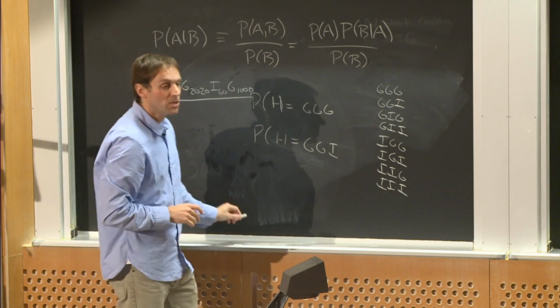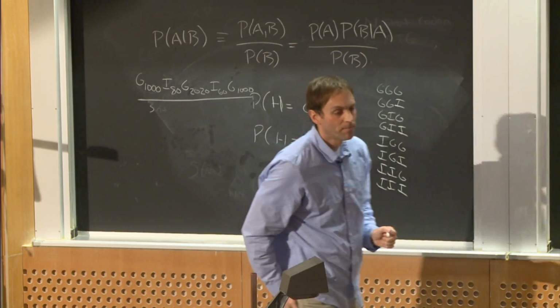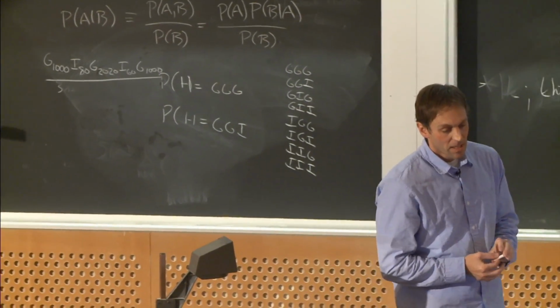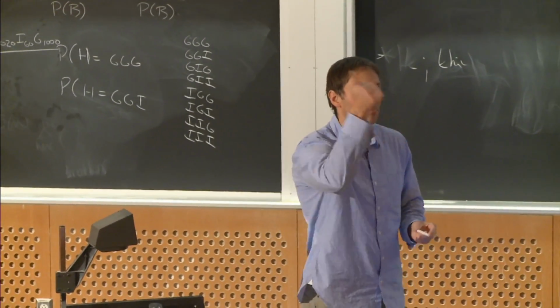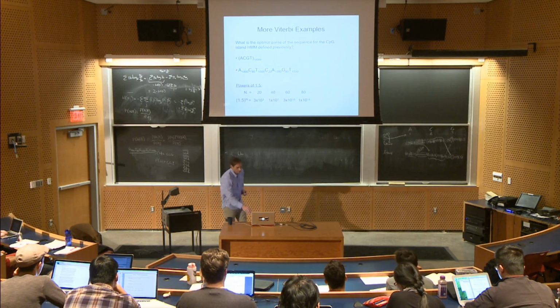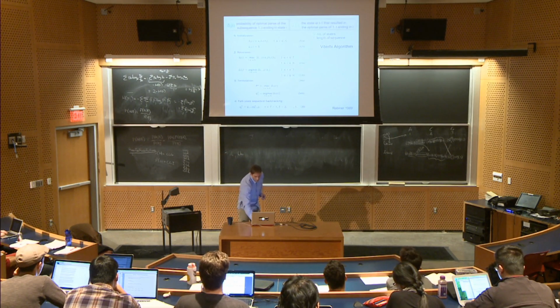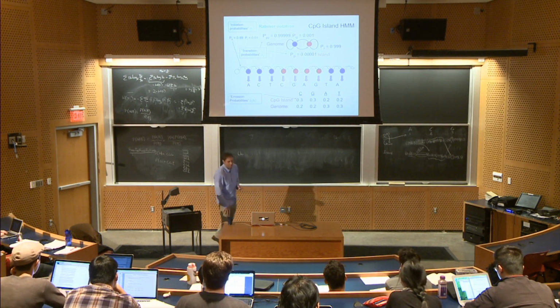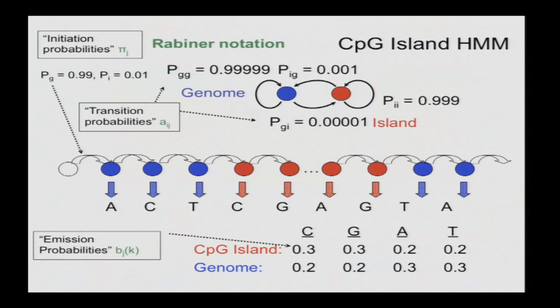Okay. So why do you say that 10 to the 10th is enough to sort of flip the switch, and 10 to the 3rd is not? If I remember the numbers from a couple slides back correctly, if you look at the ratio of the probability of staying in the genome to the probability of going from the genome to the island, it's like 10 to the 5th.